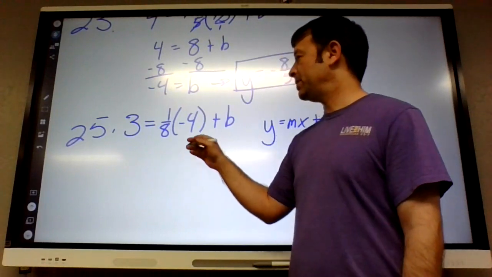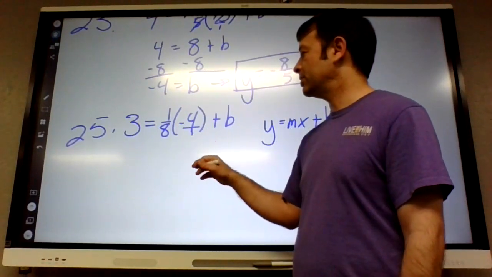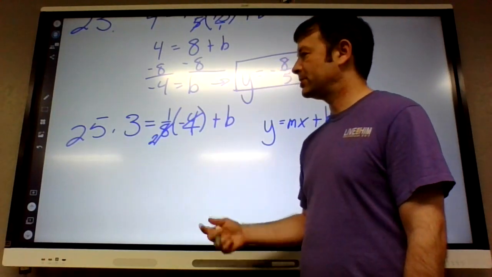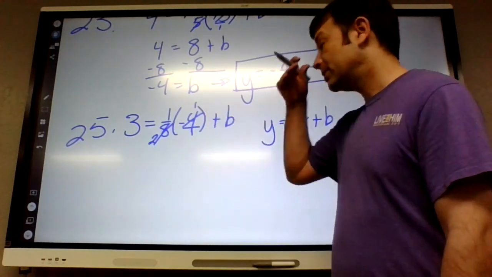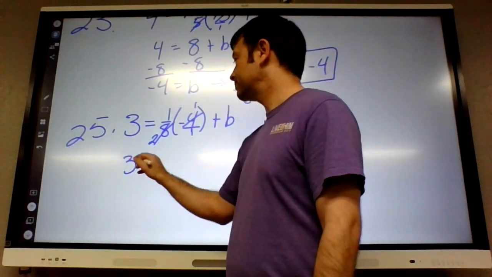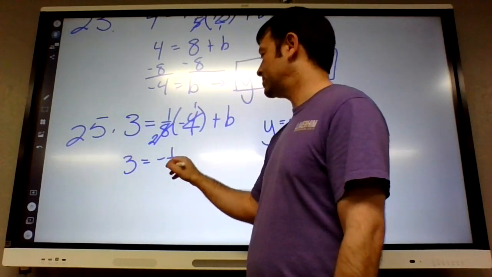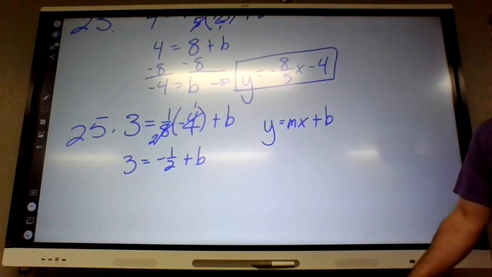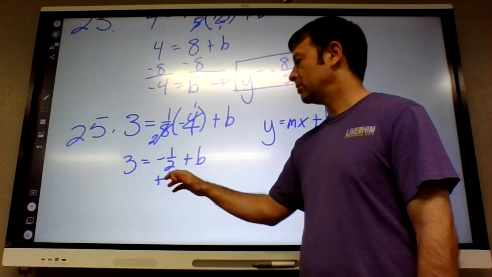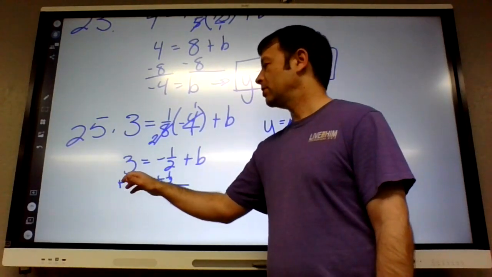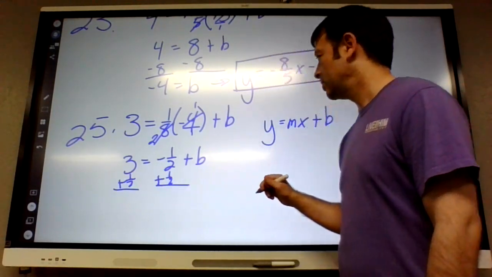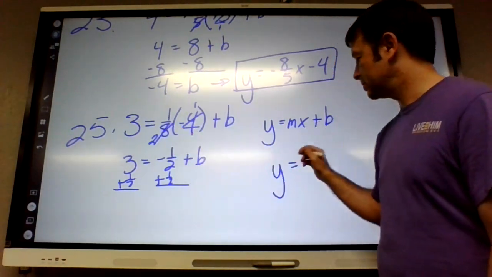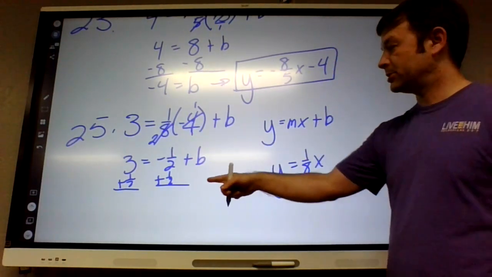Okay, 1/8 times -4 is basically -1/2. So what is the b value going to be? 3.5. So we got, let's see, what was the slope? 1/8 x plus 3.5.